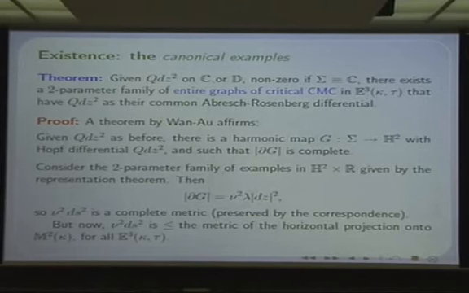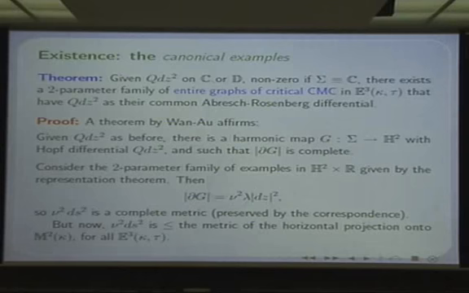Then it turns out that, as said in the theorem, the metric ∂G is actually the angle function squared multiplied by the induced metric. As the theorem of Wan and Ou says that this metric is complete, in my surface in H2 cross R, this metric is a complete metric.